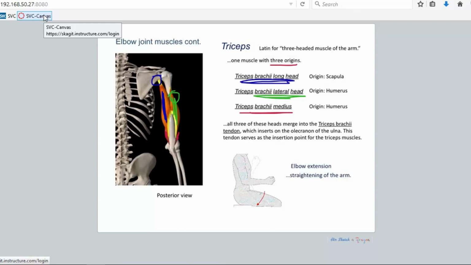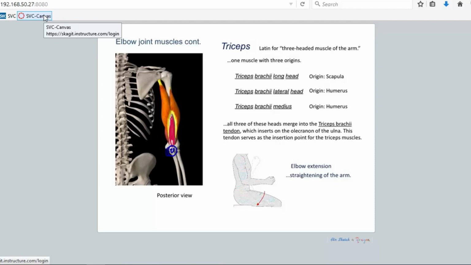So the trick with all of these muscles is that all three of these triceps merge into this structure called the triceps brachii tendon. And you guys have to know the triceps brachii tendon. And the triceps brachii tendon inserts on the ulna, in particular the olecranon of the ulna. So it crosses the elbow joint and inserts on the olecranon.